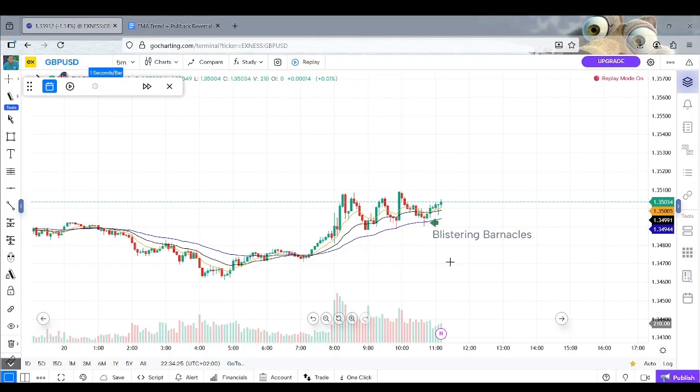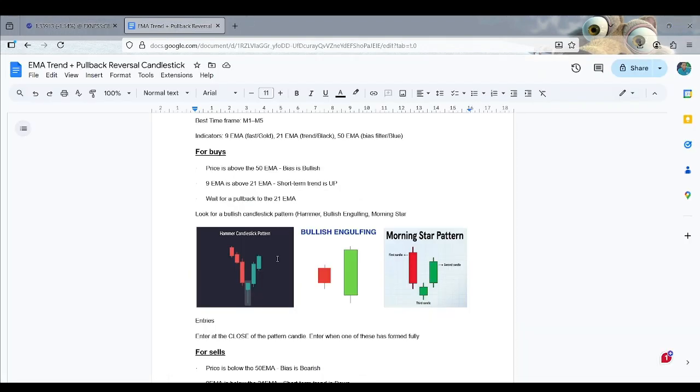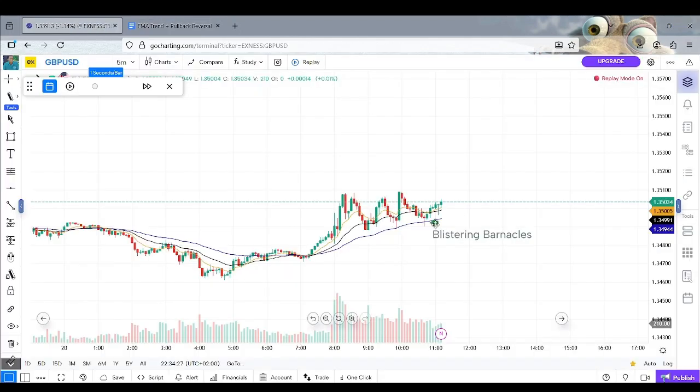Okay, this one pretty much looks like a hammer. So I'm gonna take it. Okay, we're taking the hammer.